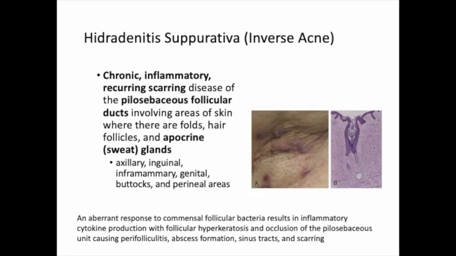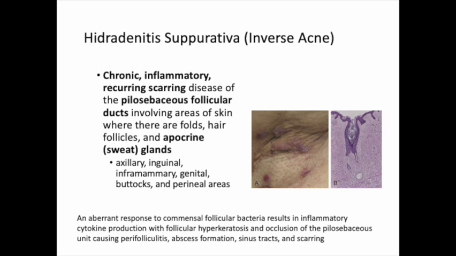There's also something called inverse acne, hidradenitis suppurativa. This is chronic inflammatory recurring scarring, and you see it again in the pilosebaceous follicular ducts, but usually it's where you have skin folds, and there's also the hair follicles.